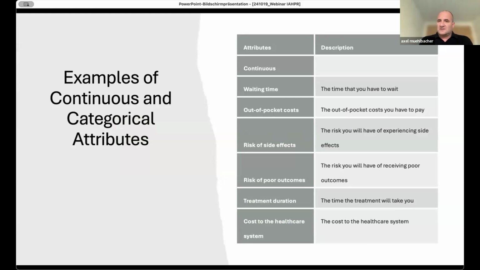The continuous ones could be waiting time, 10 minutes, 20 minutes, 30 minutes, out-of-pocket cost, $5, $10, $15, risk of side effects, either 10 out of 100, 5 out of 100, or 1%, 10%, 50%. Risk of poor outcomes, treatment duration measured in time, and costs.